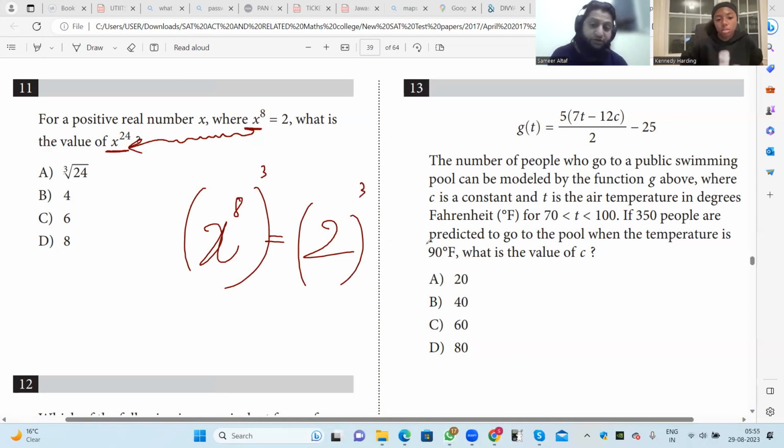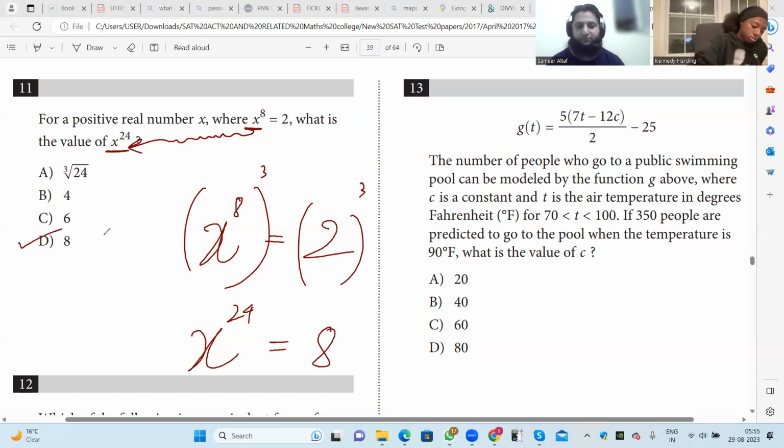Because whatever you do on one side of the equation, you have to do the same thing on the other side of the equation. So if you raise x to the 8 to the power 3, the rule says you'll be multiplying the powers, so it'll be x to the 24. But what will be on the right side? 2 times 2 times 2. Can you check that out? How much is that? 8. You're done.